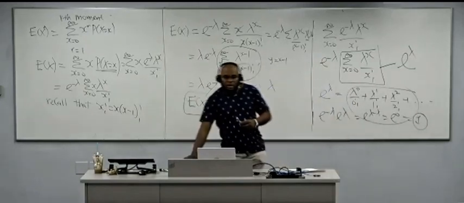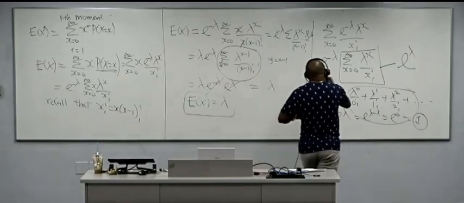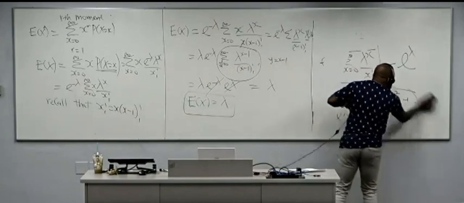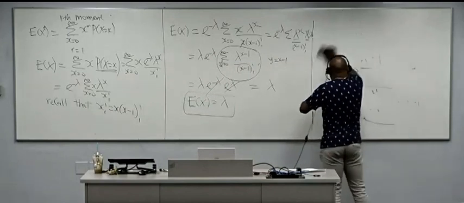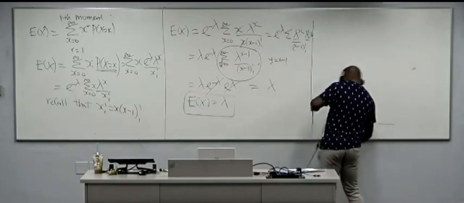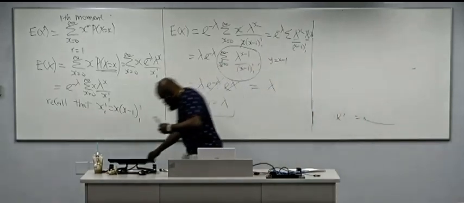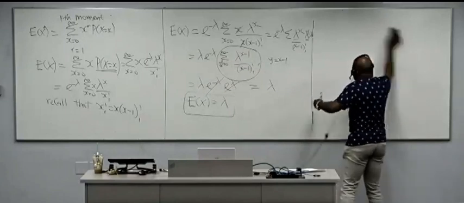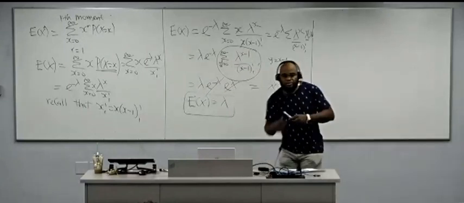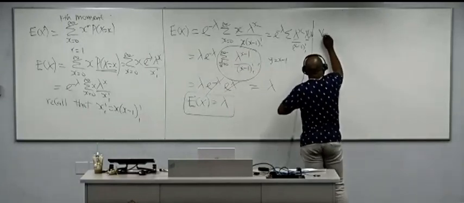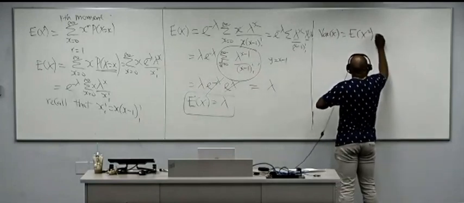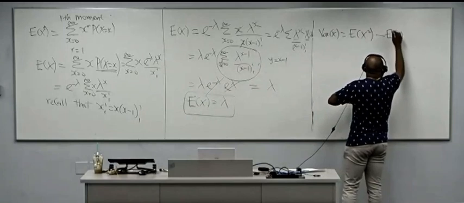If I want to derive the variance for Poisson distribution, the variance of x is expected value of x squared minus expected value of x all squared.